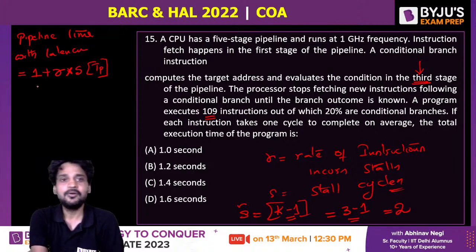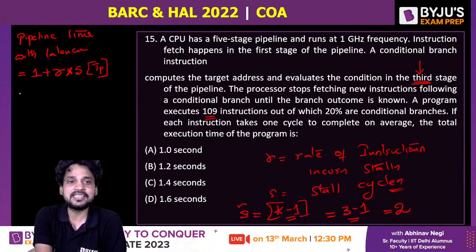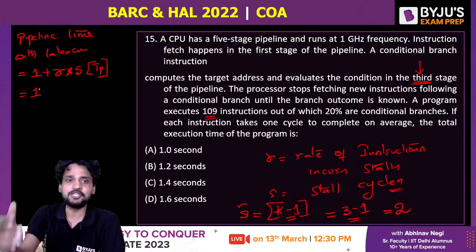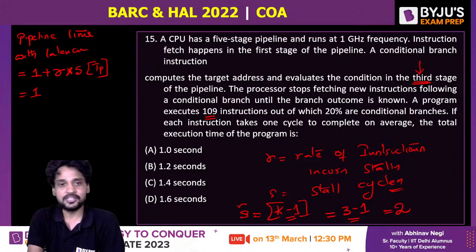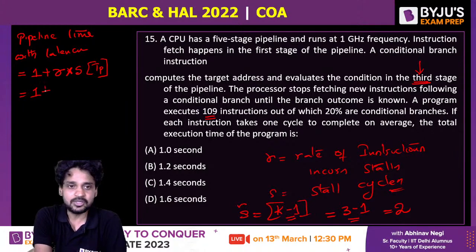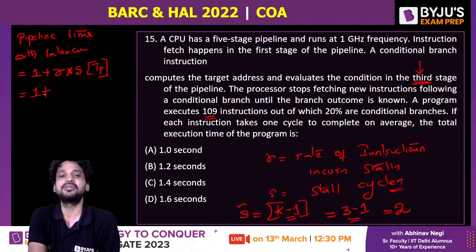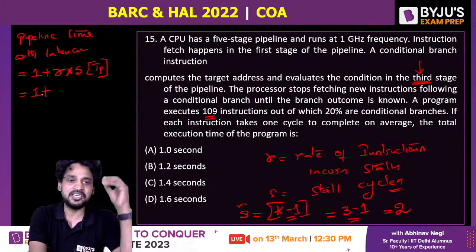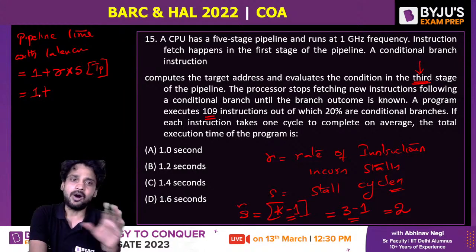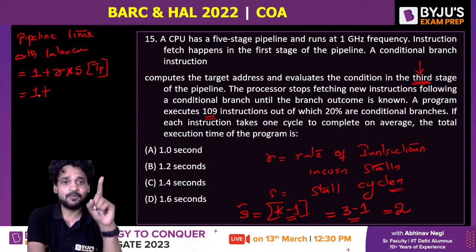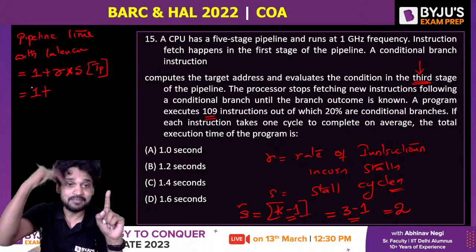Now pipeline time with the stall cycles is equal to 1 plus... 1 is the total number of clock cycles that, on average, will be consumed by all the instructions as a whole. That is also given in the question. On average in any pipeline, all the instructions will take 1, but some instructions will take some more clock cycles.